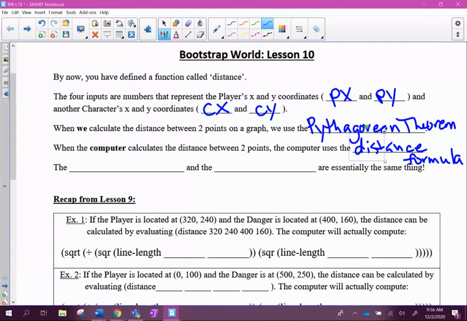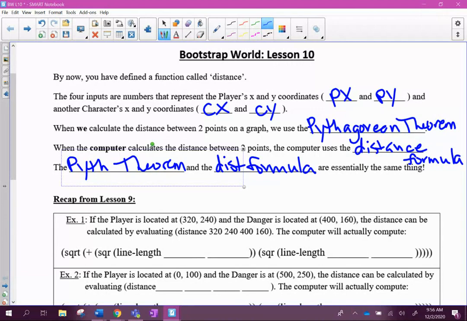Okay, but both of these are essentially the same thing. So the Pythagorean theorem and the distance formula are essentially the same thing.